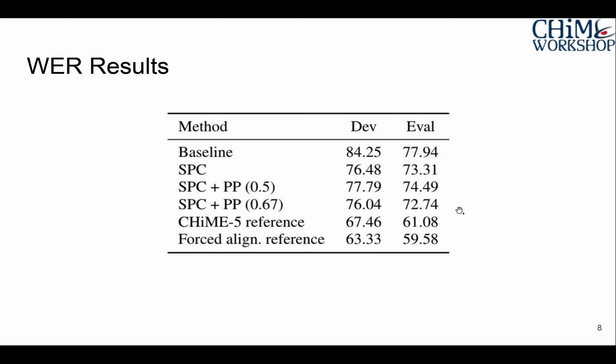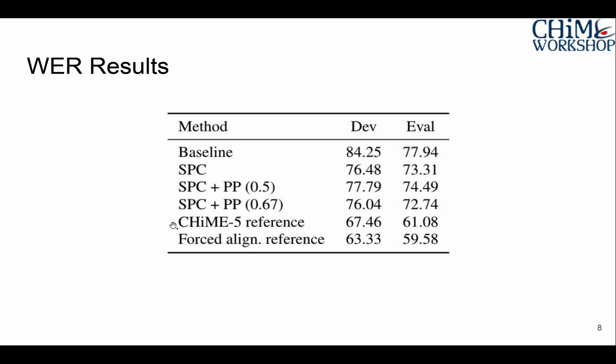So this indicates that if you get the best diarization performance, it doesn't mean you get the best word error rate performance. This means the diarization result doesn't match the recognition result.